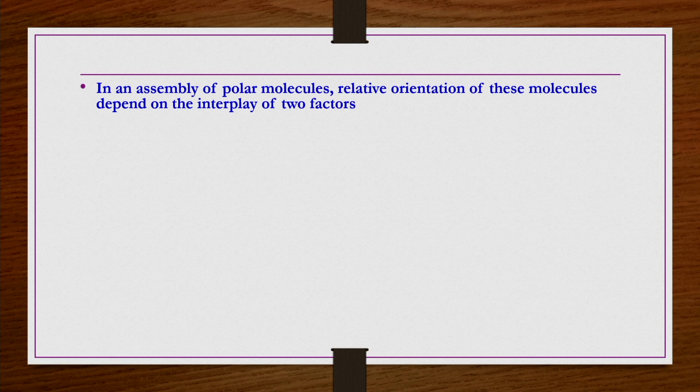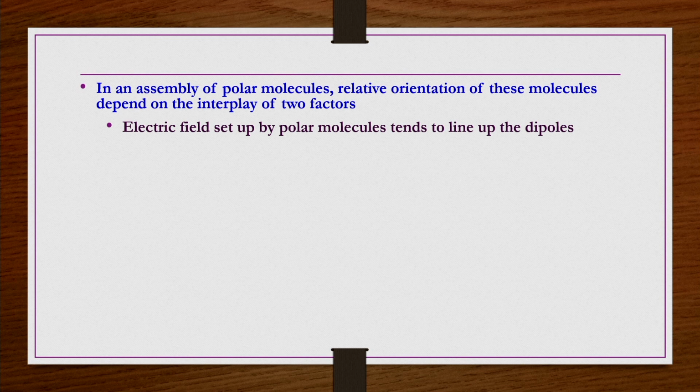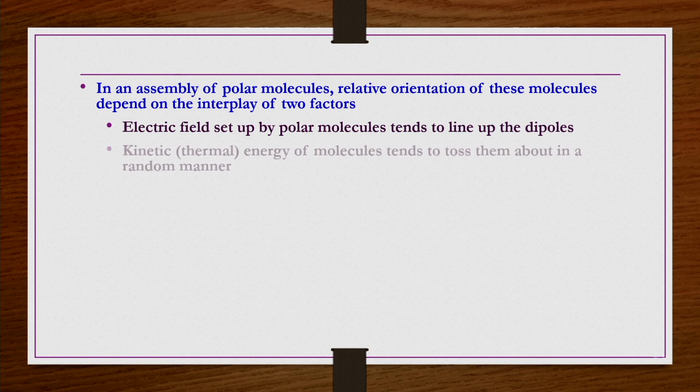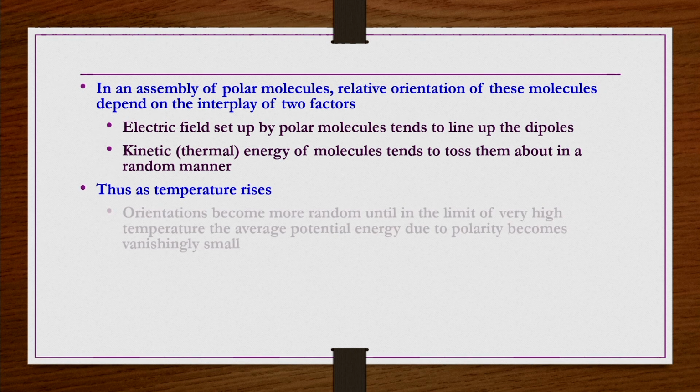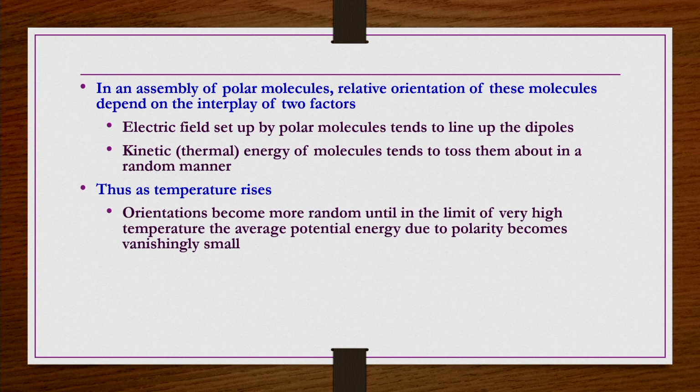So, in an assembly of polar molecules, the relative orientation of these molecules depends on the interplay of two factors. What are these factors? The first one is the electric field set up by polar molecules, which tends to line up the dipoles, whereas the kinetic or thermal energy of molecules is the other one, which tends to toss them about in a random manner. So, if you increase the temperature, these orientations become more and more random, until in the limit of very high temperature the average potential energy due to polarity becomes vanishingly small.